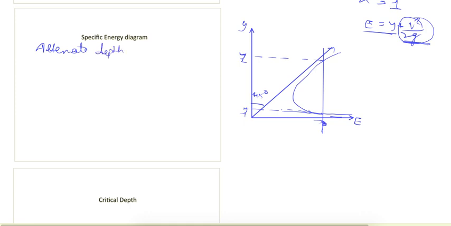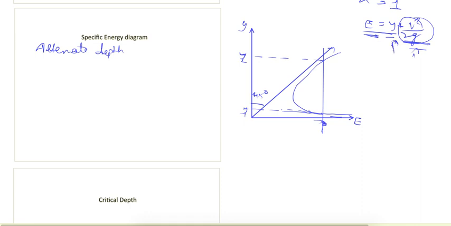And why is it happening so? Because specific energy is the sum of depth plus velocity head, we can have two combinations of these two parameters giving the same specific energy. If we take a smaller value of y and a larger value of velocity head, we can have the same specific energy as when we have a larger value of y and a smaller value of velocity head.